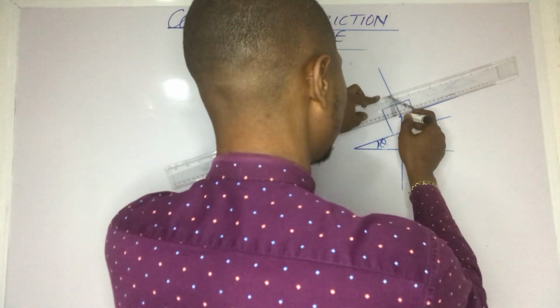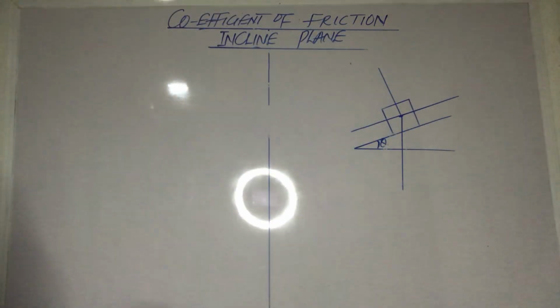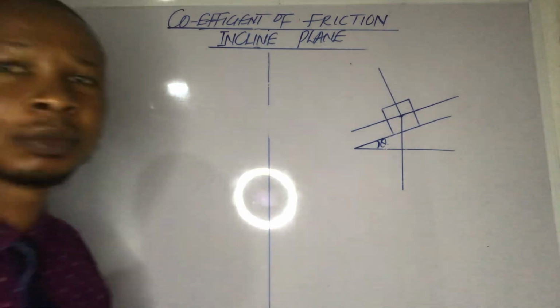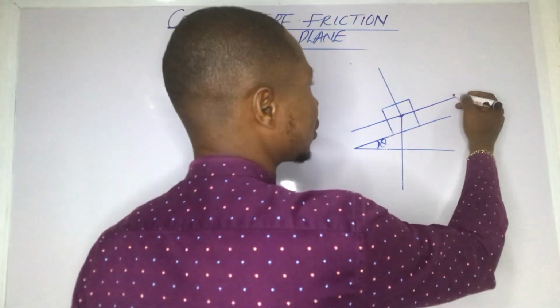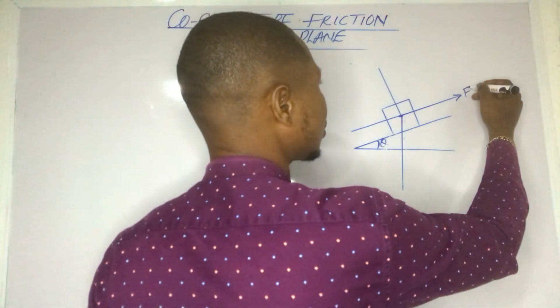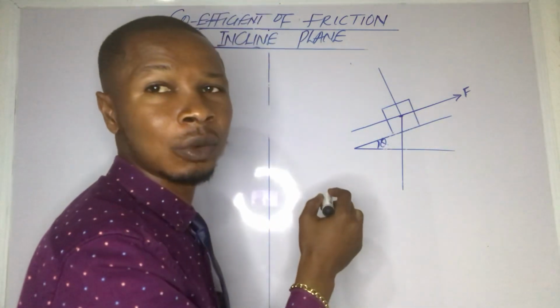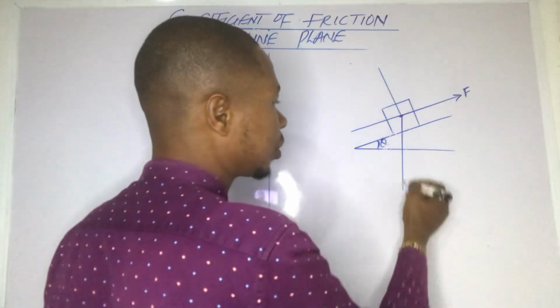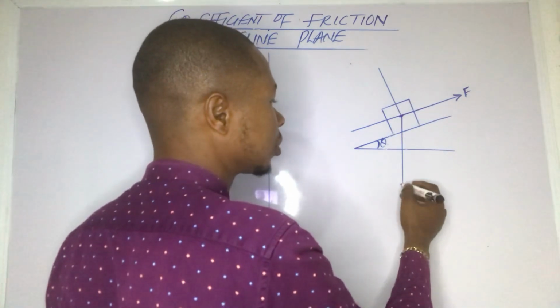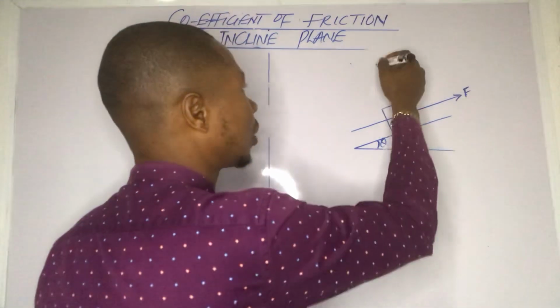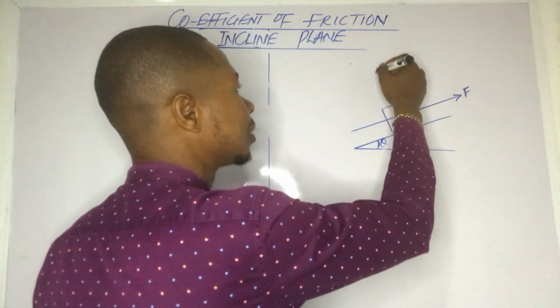Then you have another force acting downward, frictional force. So these are the forces that will be acting on this body.